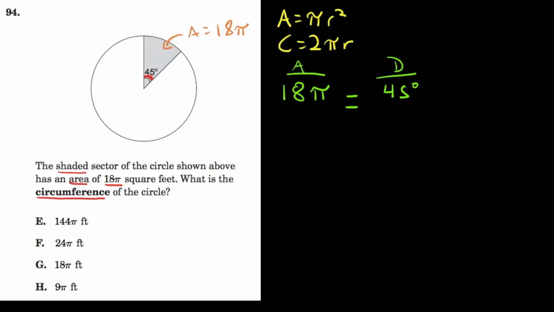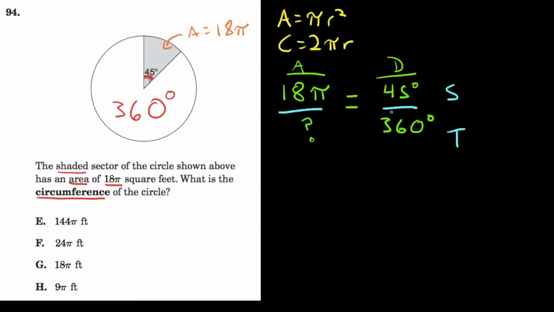Okay, now let's put section on the top and total on the bottom, which means 18 pi over the area of the whole thing equals 45 over the degree measure of the whole thing, which, because circles always have 360 degrees, is 360 degrees.